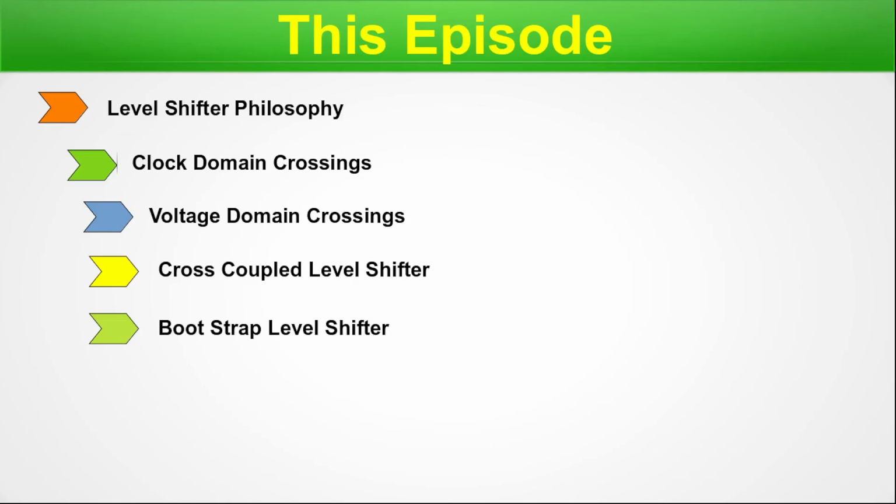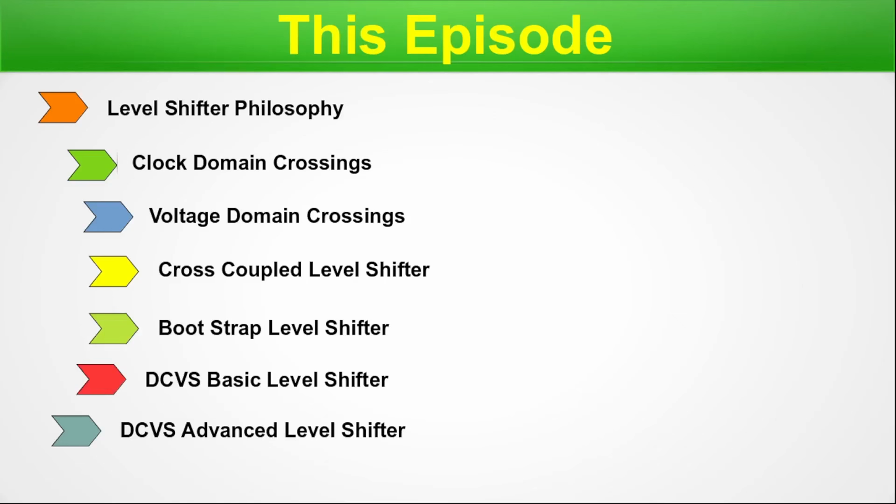Then we will talk about the bootstrap level shifter, the DCVS basic level shifter, and the DCVS advanced level shifter. Finally, we will summarize our entire discussion. We are done with this slide, so without any further delay, let's begin.